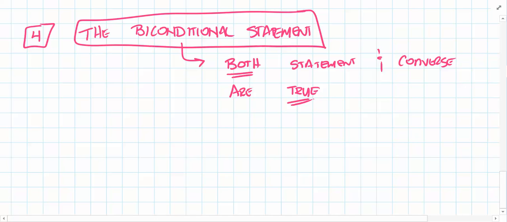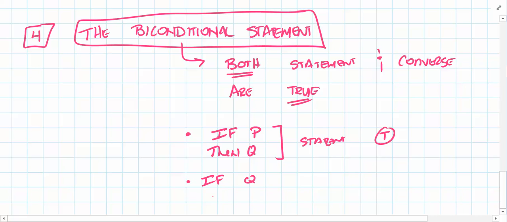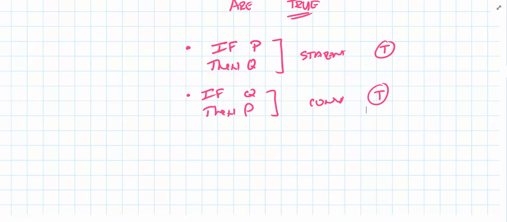If P, then Q. That's our original statement, and that has to be true. And the converse would be what? If Q, then P, and that is our converse, and that is also true. When both of these things happen, this is called biconditional.